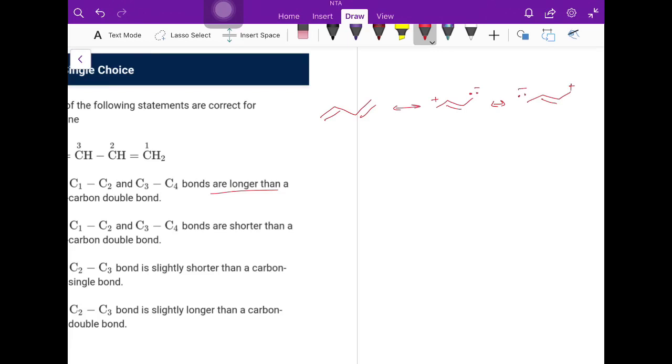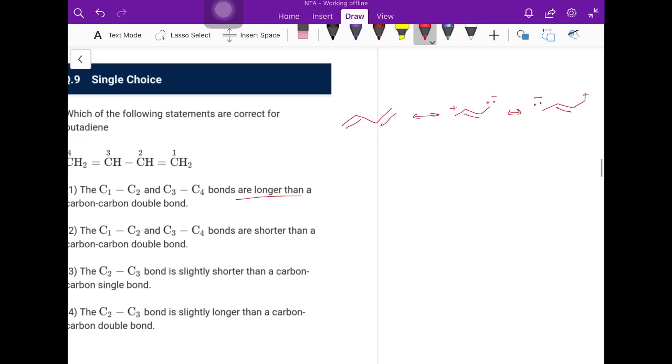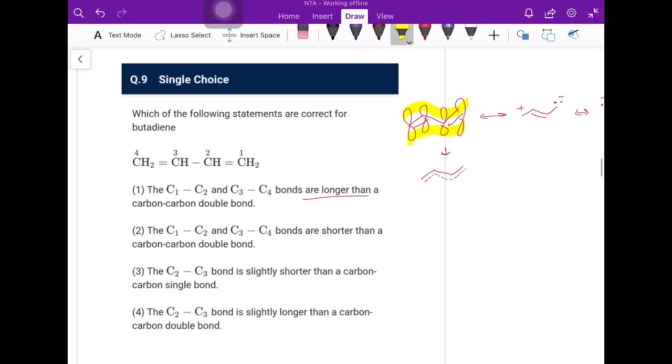So these three structures are the resonance structures of butadiene. If you see an average, you will see that the double bond is somewhat located between all the carbons. This is basically because all the carbon atoms have a 2p orbital to overlap, and they overlap in a good fashion here. So let's see the options.